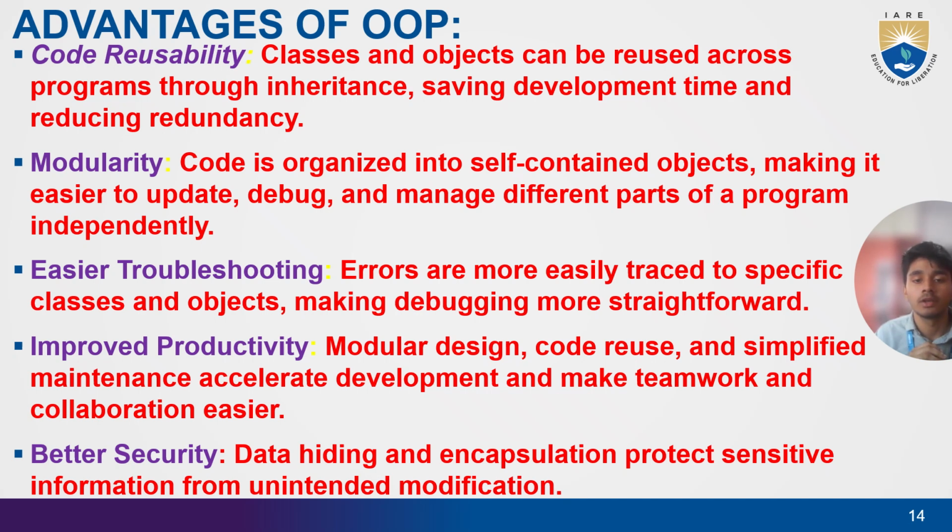Errors are more easily traced to specific classes and objects, making debugging more straightforward. Improved productivity. Modular design, code reuse, and simplified maintenance accelerate development and make teamwork and collaboration easier. Better security. Data hiding and encapsulation protect sensitive information from unintended modification.